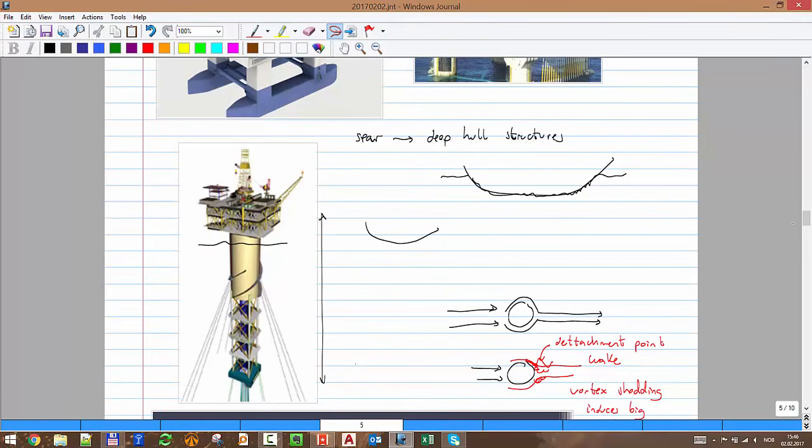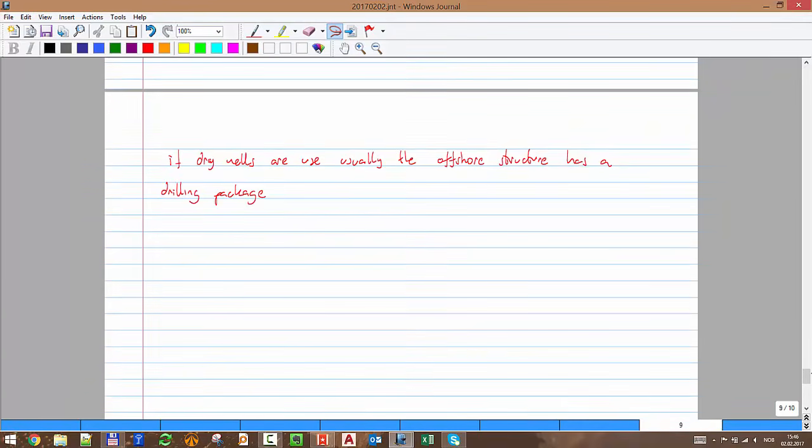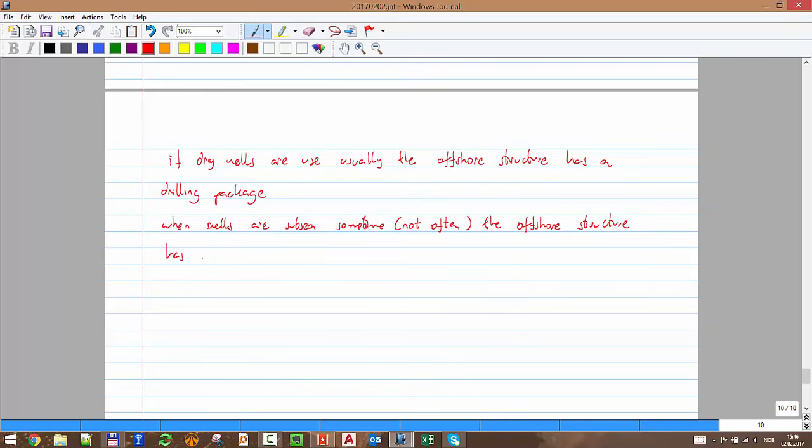Okay, that's not to say that you cannot have it when wells are subsea. Sometimes, and this is not often, the offshore structure has a drilling package.